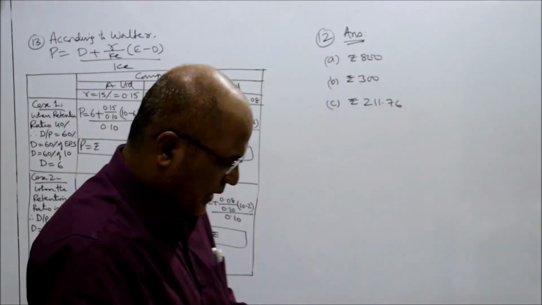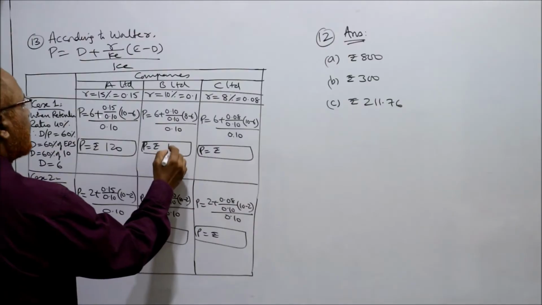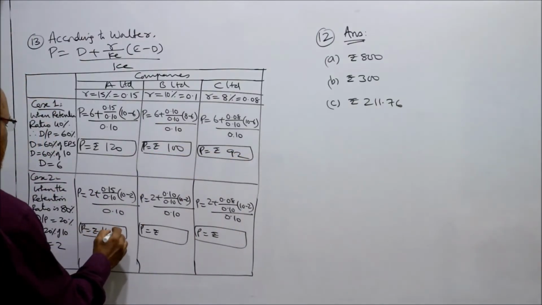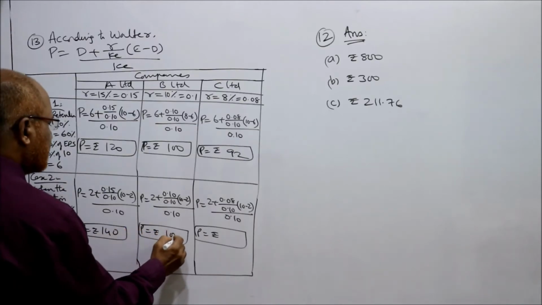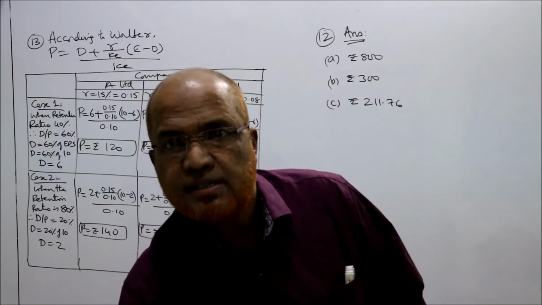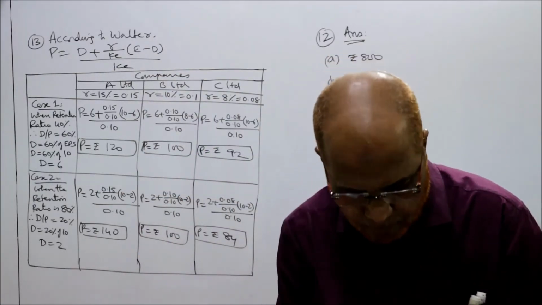So it comes to 120, 100, 92. Similarly, here it is 140, 100, 84. That's it. So these calculations we have made for Walter's.